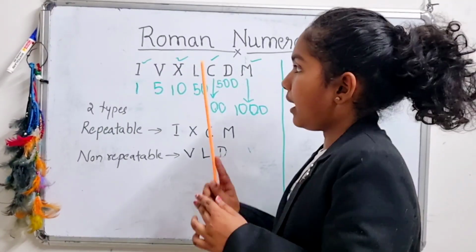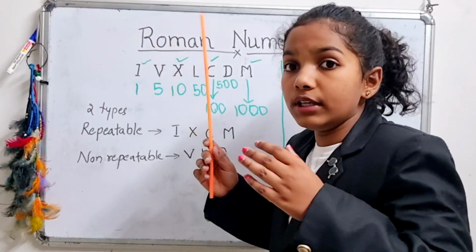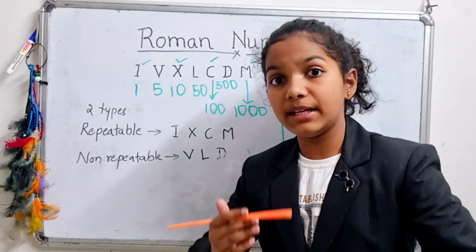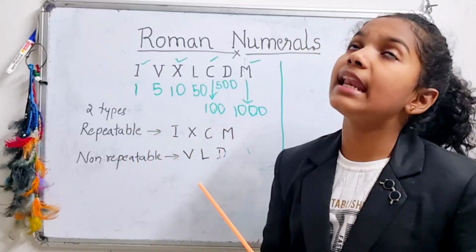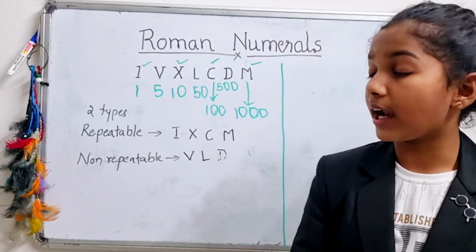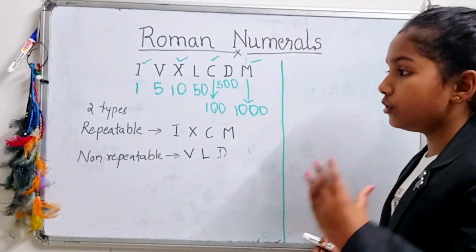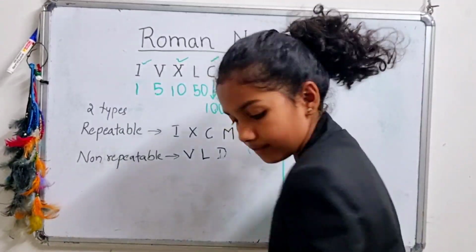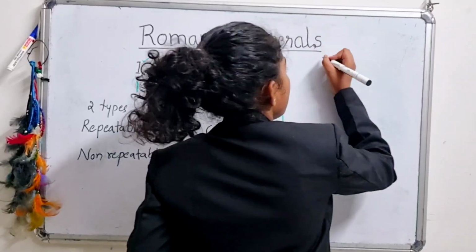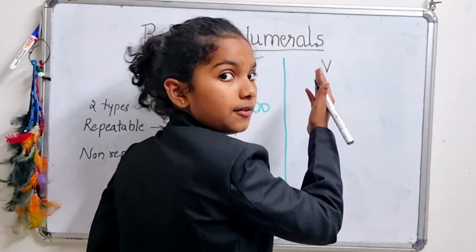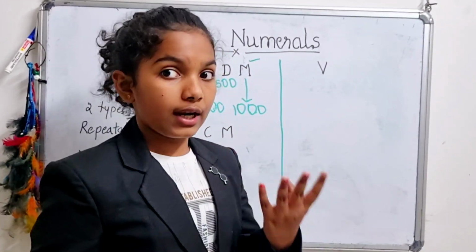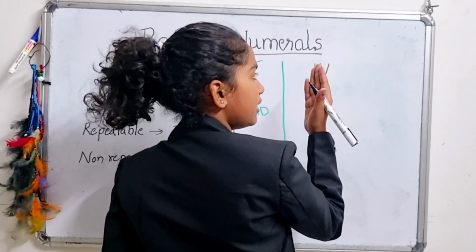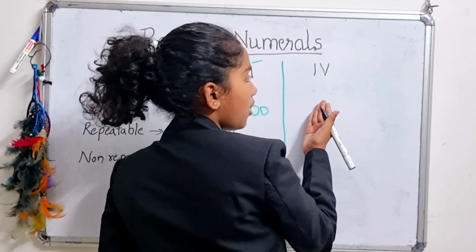So when there are only 7 symbols for up to 1000, how do you represent the middle ones like 4, 9 and 40, etc.? If you ask, you use addition and subtraction. So this is 5, and when you want to write 4, you will write one I to its left. Why?